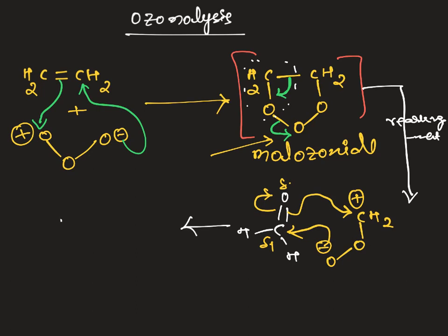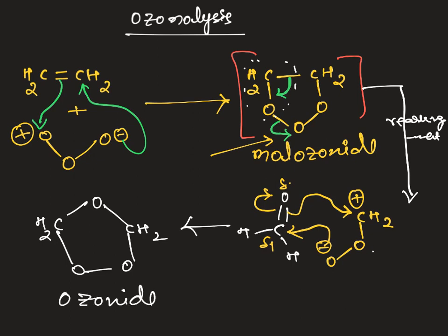So here I am writing CH2, oxygen, attached to the carbon which has CH2, and this has oxygen and oxygen attached here, and this is called ozonide. Once ozone starts reacting with alkene, it is converted into molozonide, which is highly unstable.